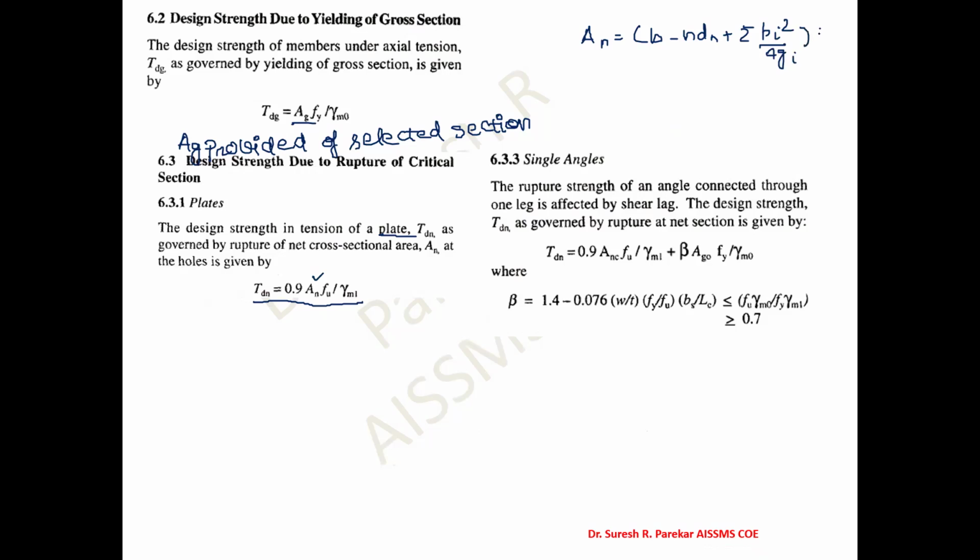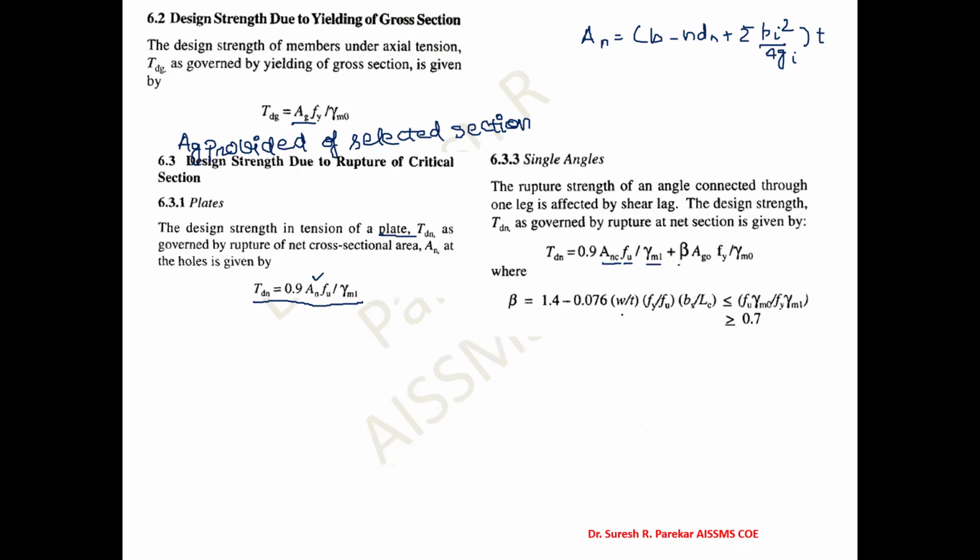This is common for both staggered and joint bolting. Then we have TDN, which is 0.9 Anc, the net area of the connected leg, Fu is 410, and generally gamma m1 is 1.25.